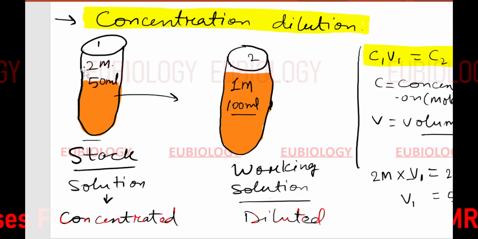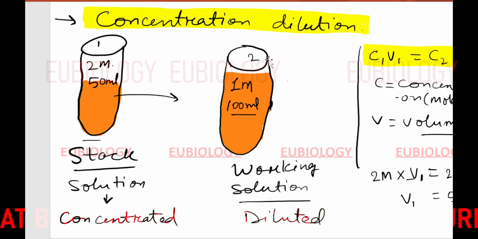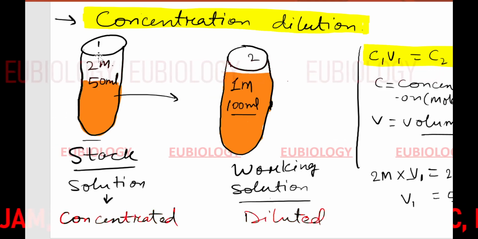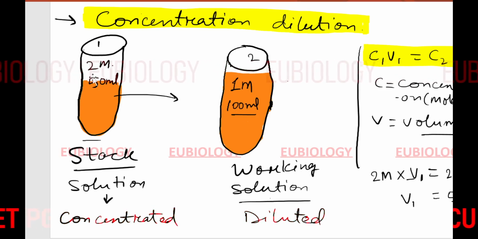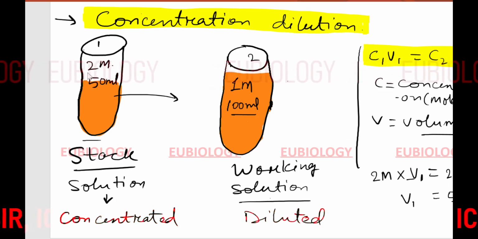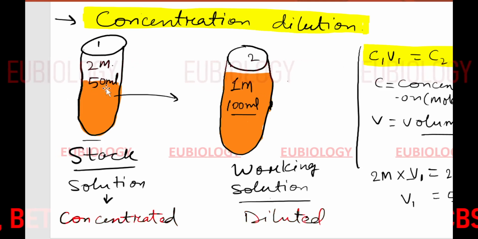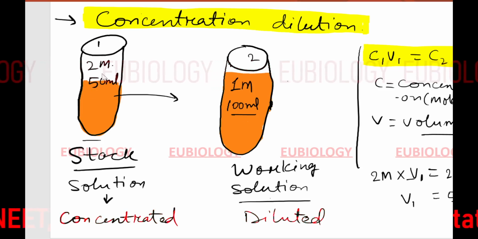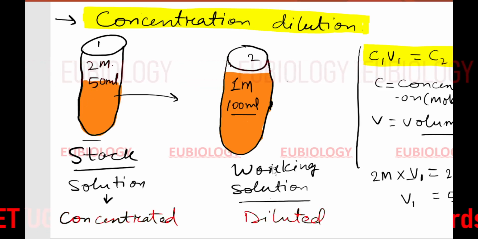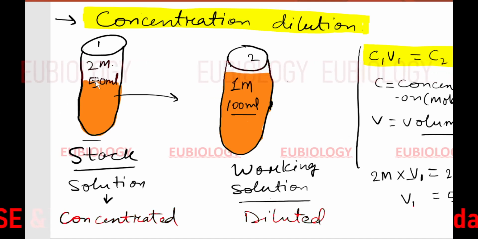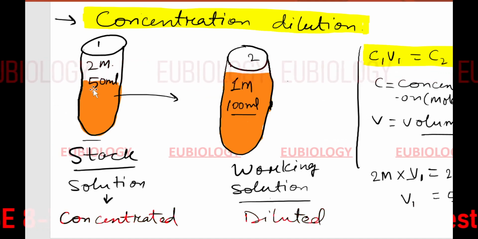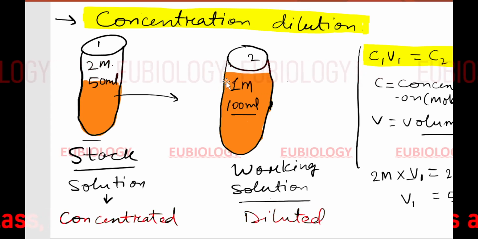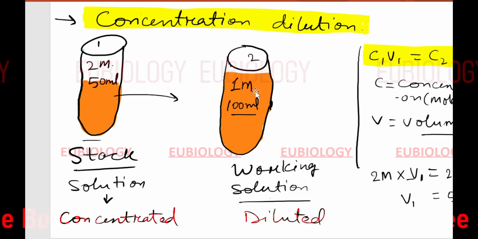This is your first tube, this is your second tube. What you have to calculate is how much we have to take from the first. Suppose this is your stock solution and this is your working solution. From 2 molar solution, you have to make 1 molar solution of 100 ml.